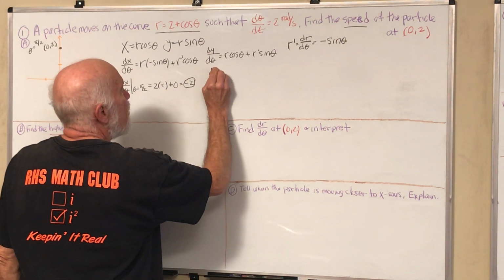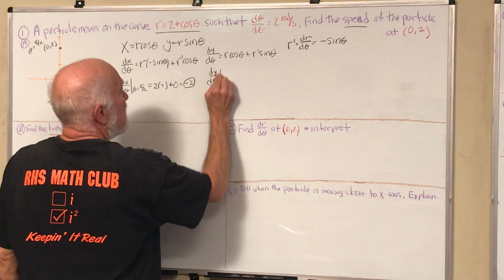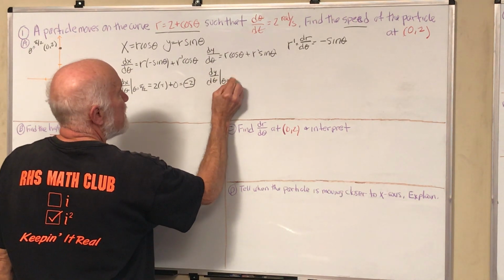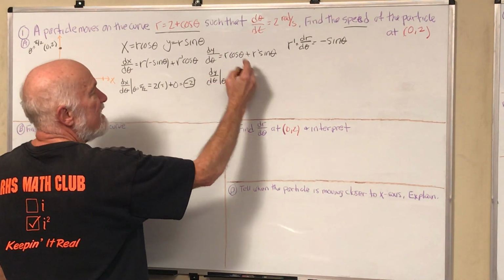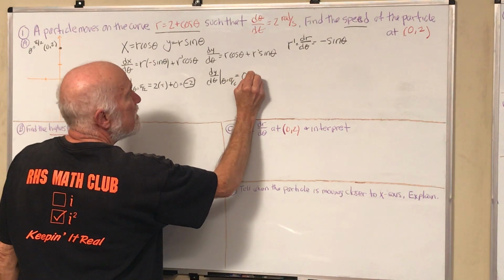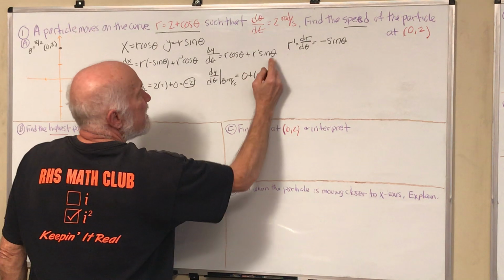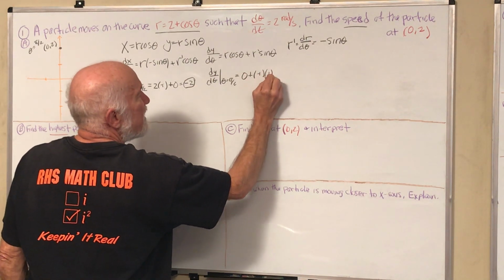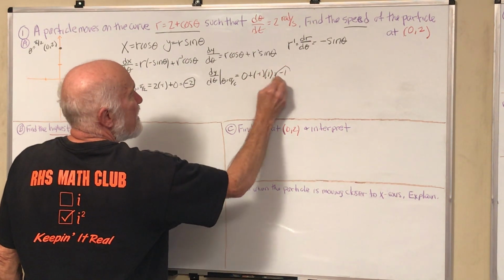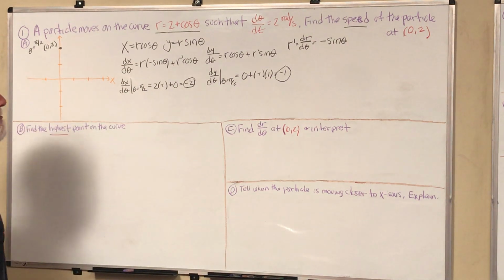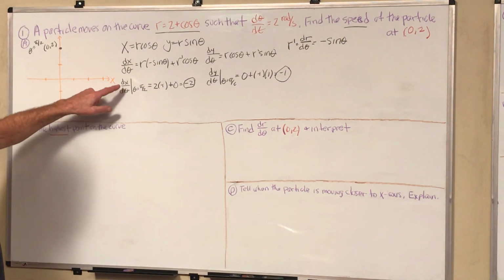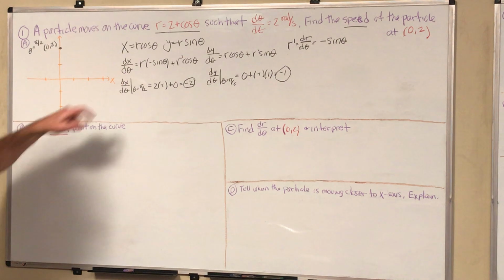And dy/d theta at theta equals pi over 2, well, cosine is 0, r prime is negative 1, and the sine of pi over 2 is 1. So we have negative 1. Now how do I get dx/dt when I have dx/d theta?